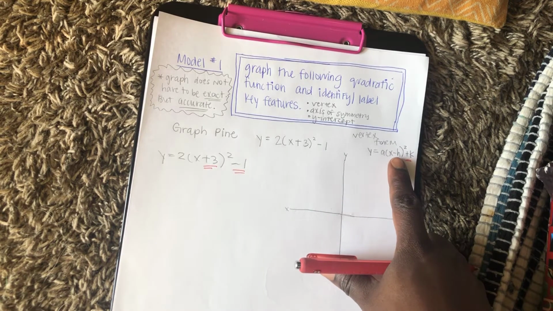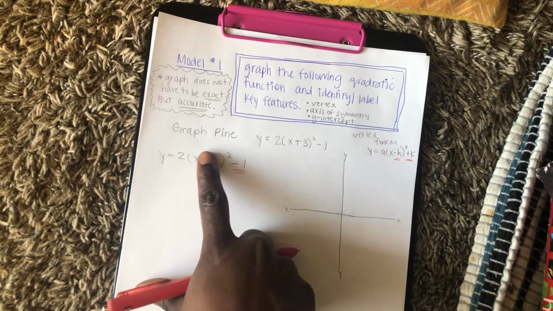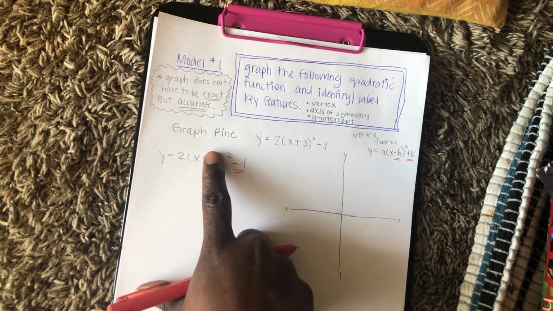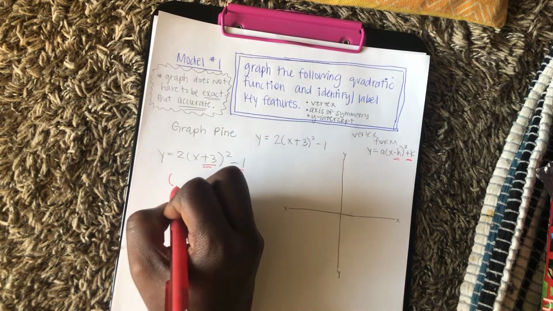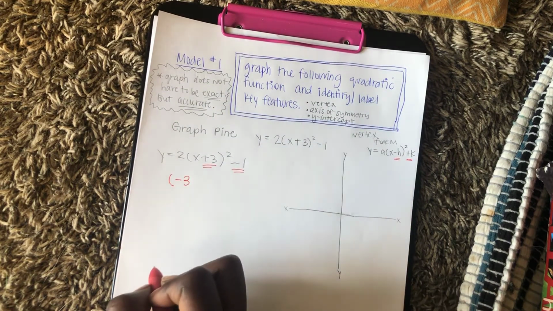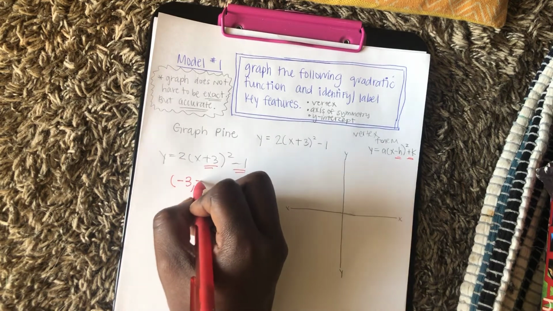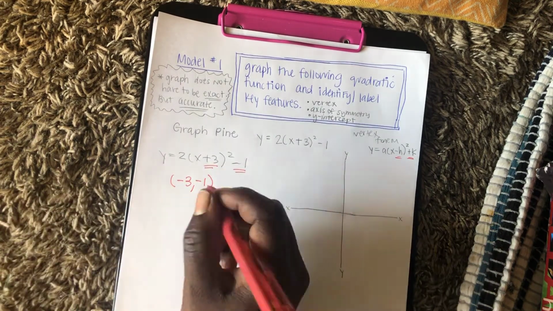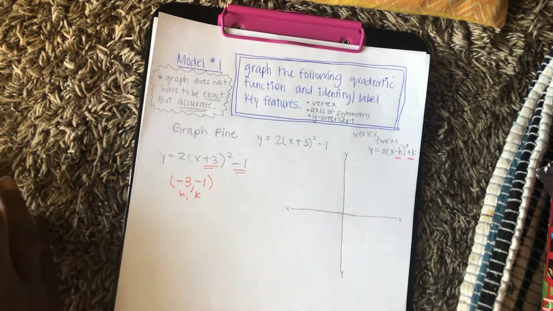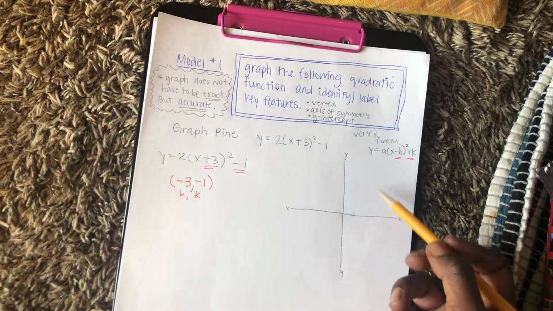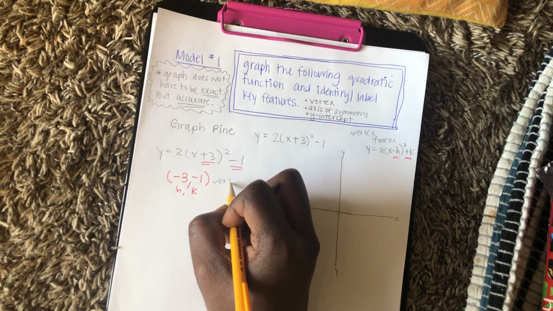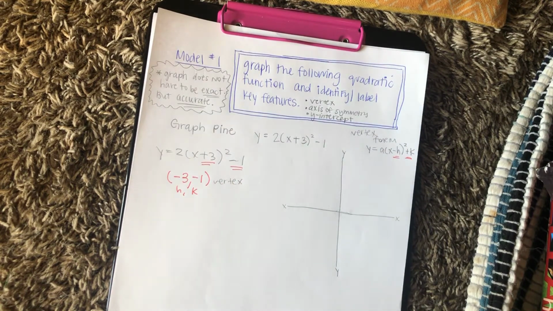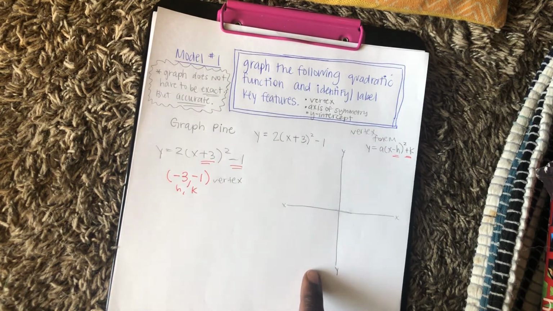Okay, because our h comes from being subtracted, we know that this positive number came because of switching the signs. So that means that my vertex is going to be (-3, -1). Okay, and that is going to be my vertex value. So we're going to apply that somewhere on our graph eventually. We already identified one point without actually having to graph it just yet.